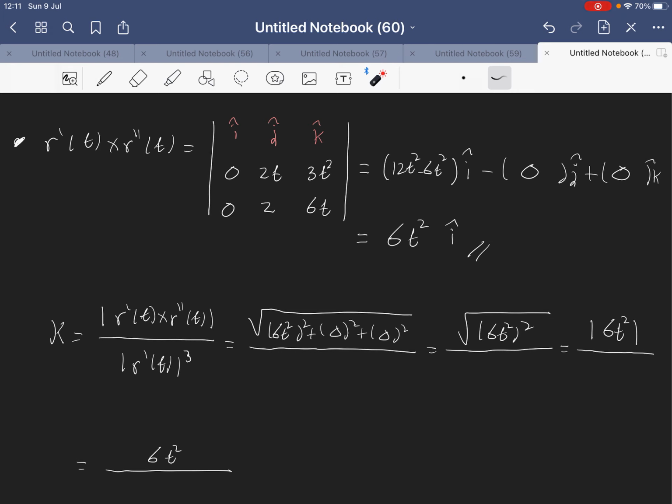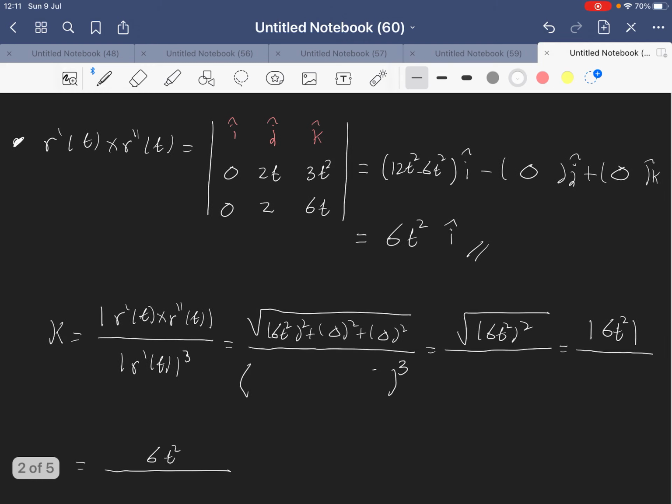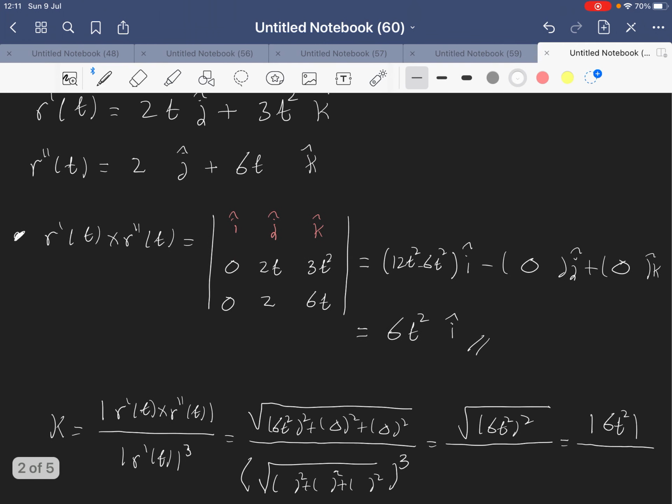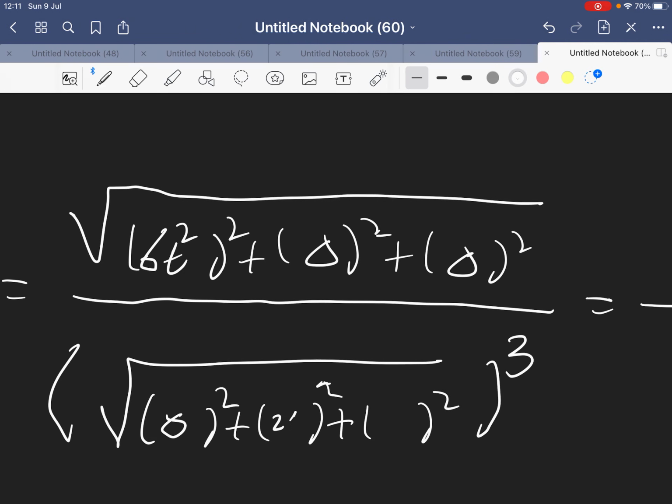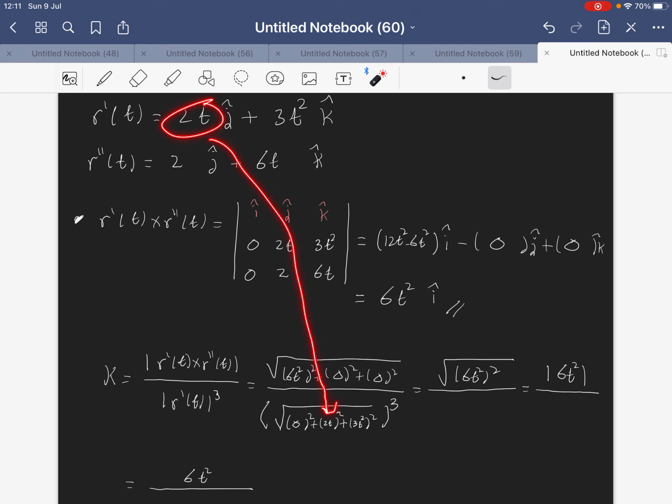Now for the denominator, we do the same, but here we have to be careful because there is a power 3 on top, and then we find the magnitude of the first derivative. So we go to the first derivative and just write the numbers. The first one is 0, the second number is 2t, and the third one is 3t squared. I get them from the first derivative.